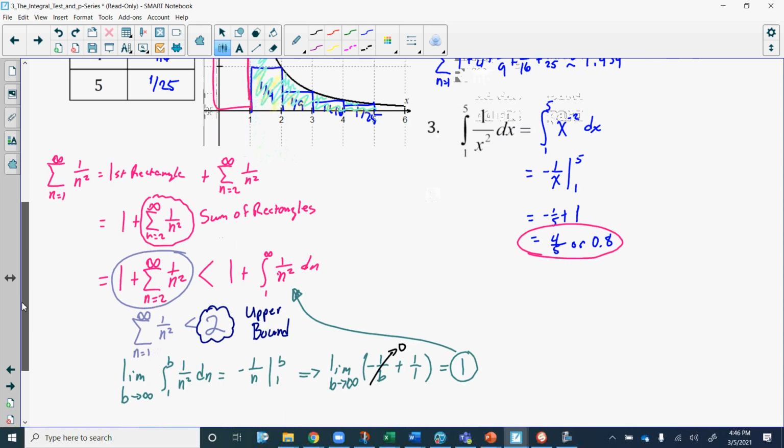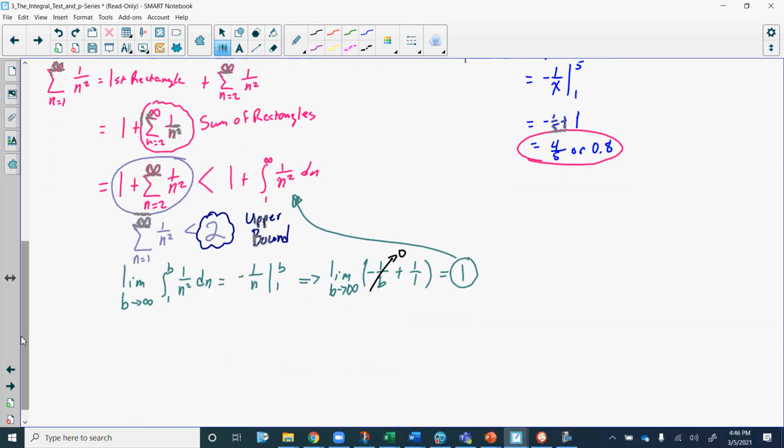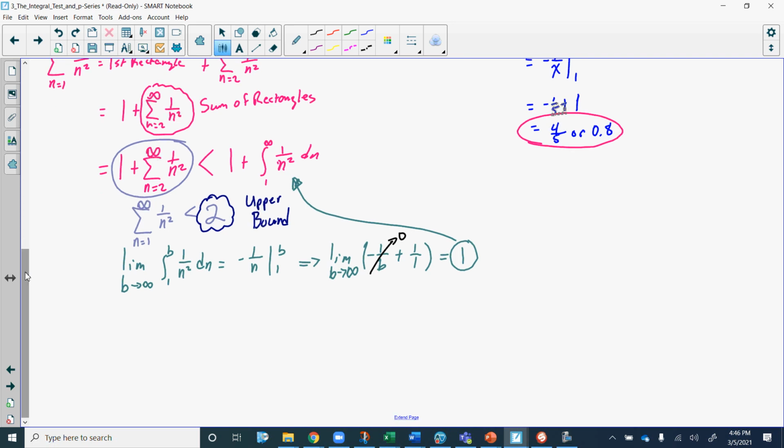So the 2 is going to be the upper bound of what we could go to for our series in this case. Now, let me go ahead and pause the video and write this down, and then you can add it to your notes in a second, because you don't need to actually watch me write it.